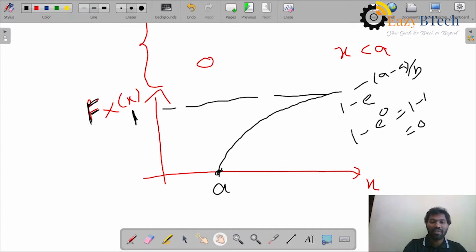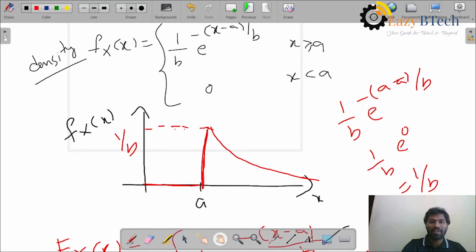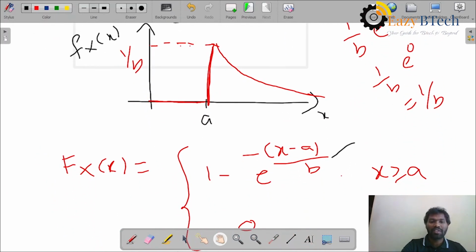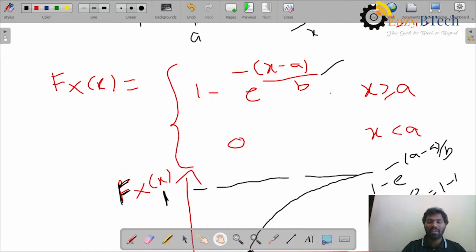This is about the exponential random variable, its density function, distribution function, and their figures. Okay.